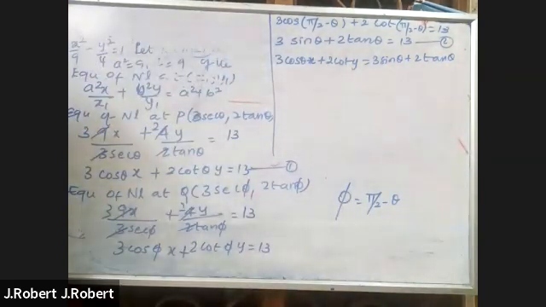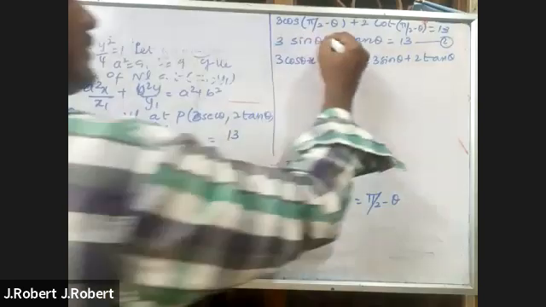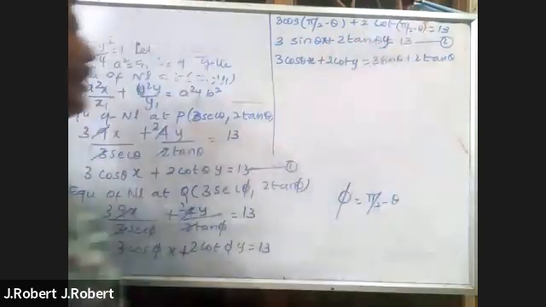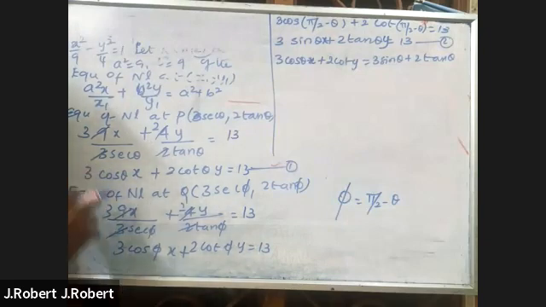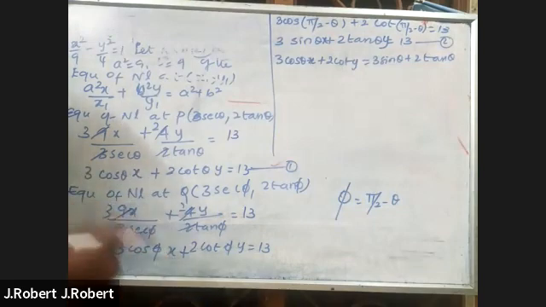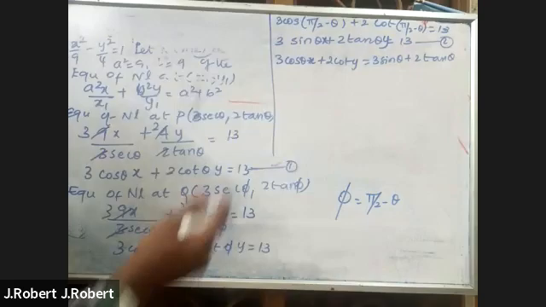Okay, so now x and y. In these two equations we had x and y, but the point is at h, k, so we need to change x, y to h, k.